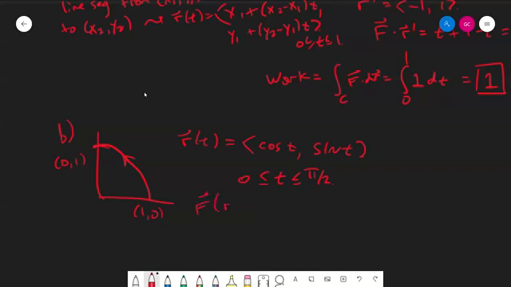We find f of r of t. So f, remember, was negative y comma x. So negative y is negative sine t, comma x is cosine t. r prime is the derivative of all this. So the derivative of cosine t is negative sine t. And the derivative of sine t is cosine t.